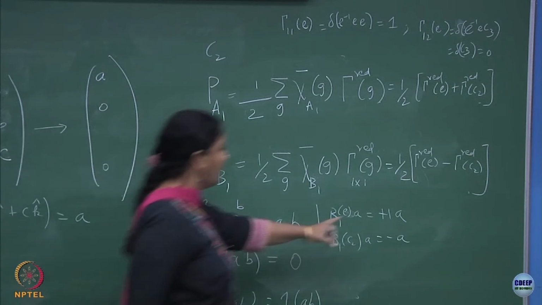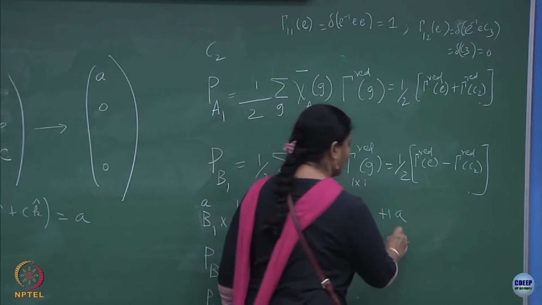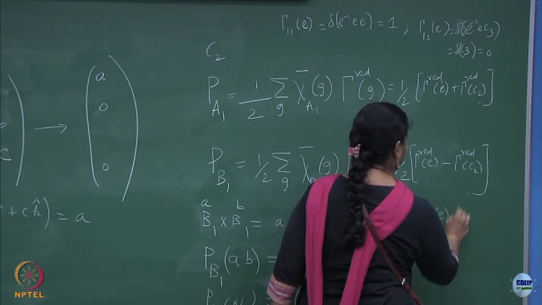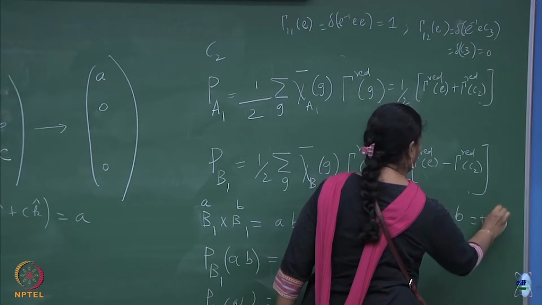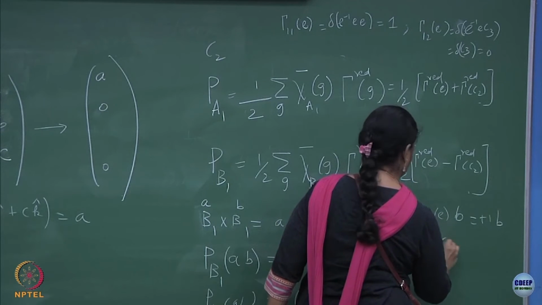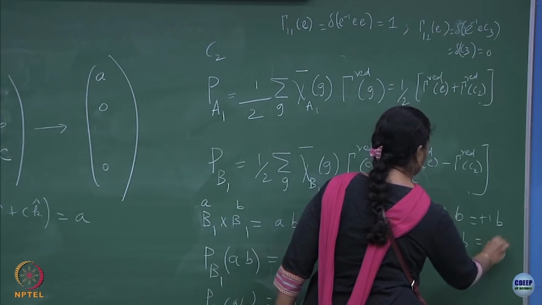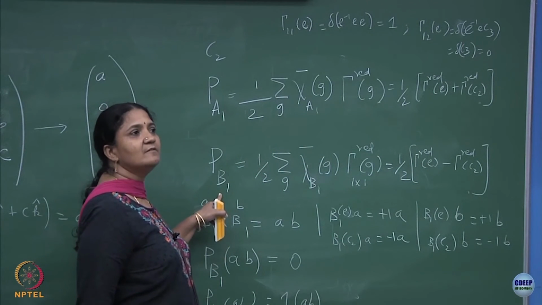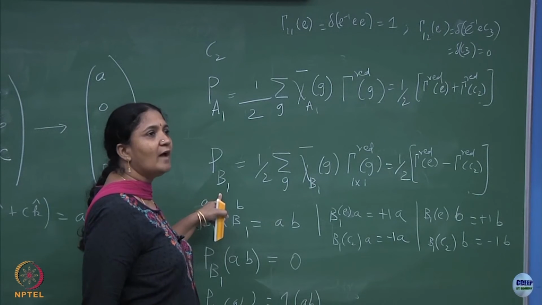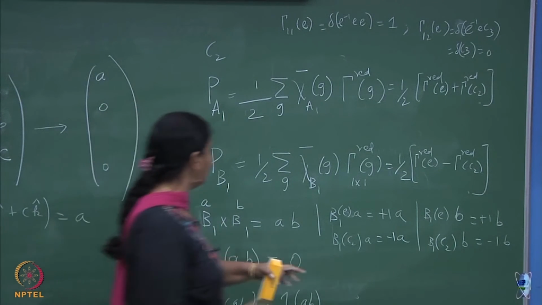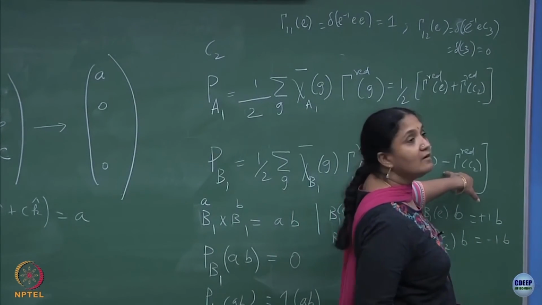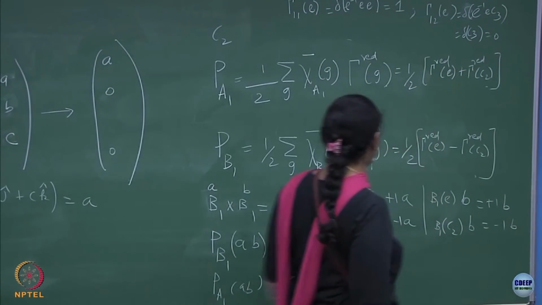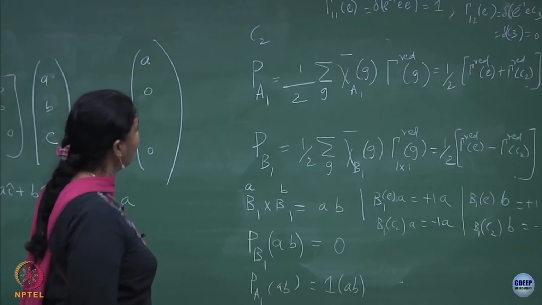Whatever I have written for A, the same thing happens for B also, right? C2 element on B is minus 1 times B. So, use this fact on this projection operator. If you do that, then what you see is that this tensor reducible representation of C2 will cancel with the, does it cancel or does it not cancel?